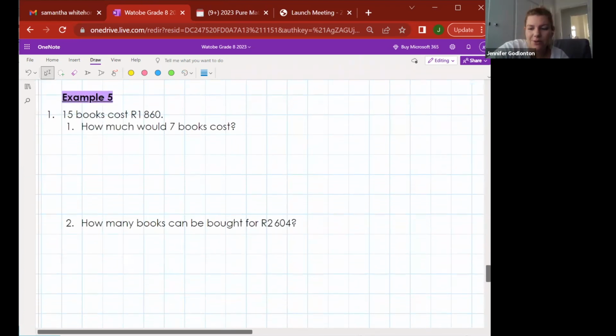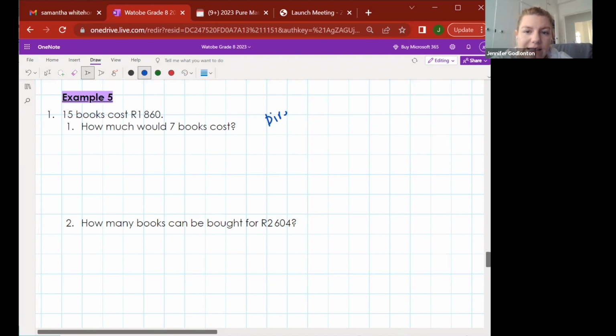And now we move on to proportion, which is actually what we did in our last lesson together on Monday. So this is saying 15 books cost 1,860 Rand. How much would 7 books cost? My question to you is, is this direct proportion or inverse proportion?